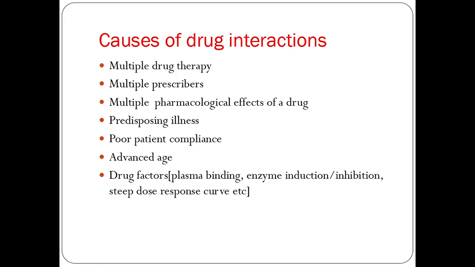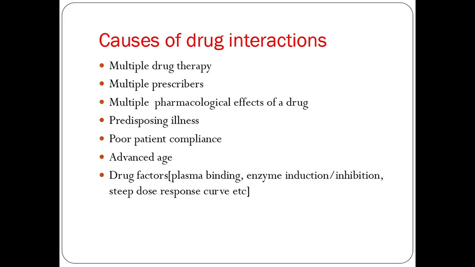If a patient is taking one drug that has lots of pharmacological effects, and one drug can have multiple effects, and it is taken with other drugs, then there might be a chance of drug interactions. Then predisposing illness. In certain patients, there will be diseases that can lead to drug interactions.